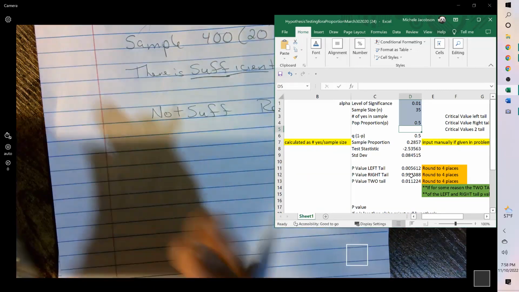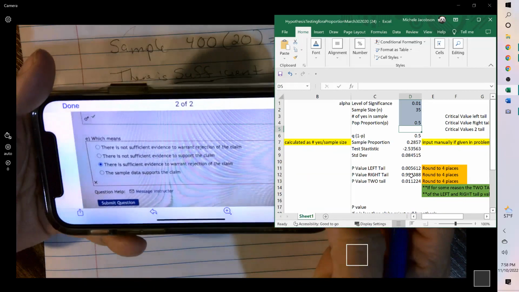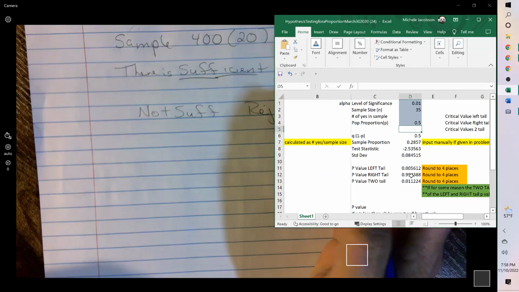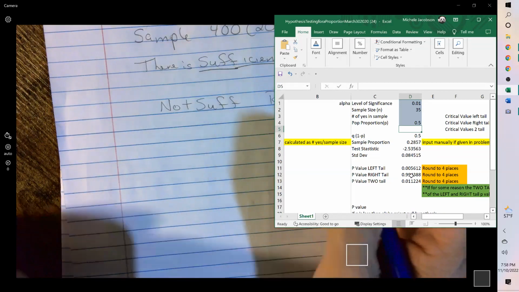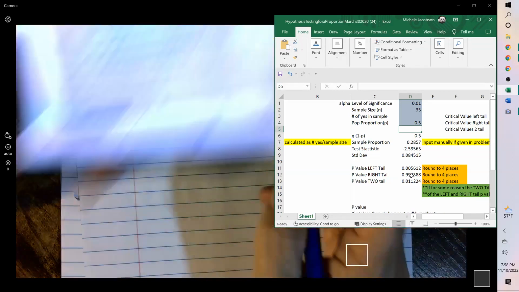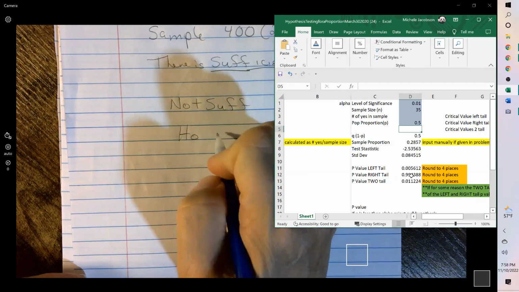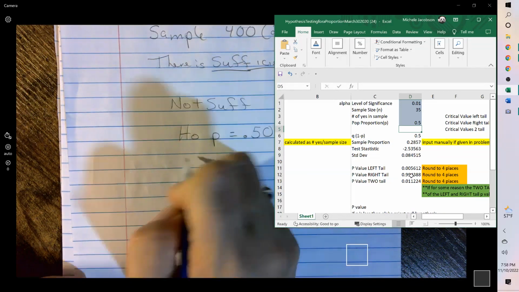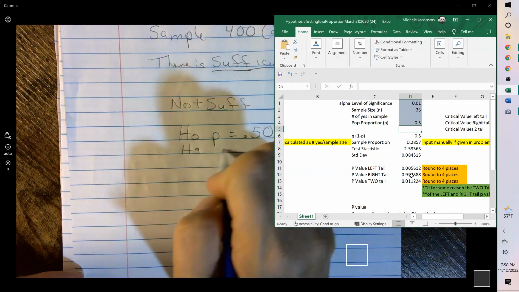I don't get that. Because what you're saying then, the correct selection would be the sample data supports the claim. Yeah, because they have the null, which was P equal to 0.5, and then the alternative is the claim.